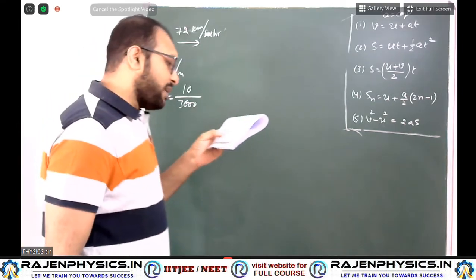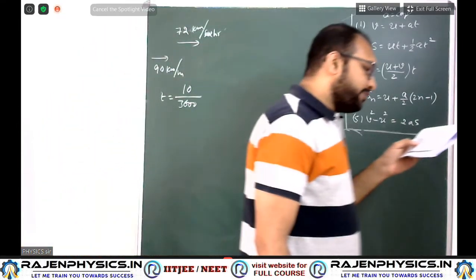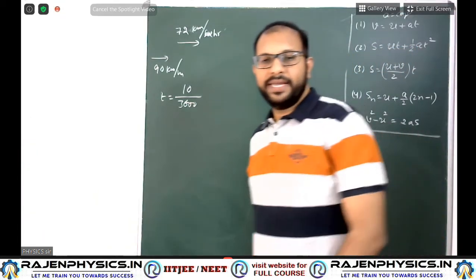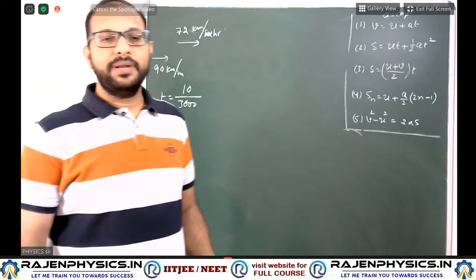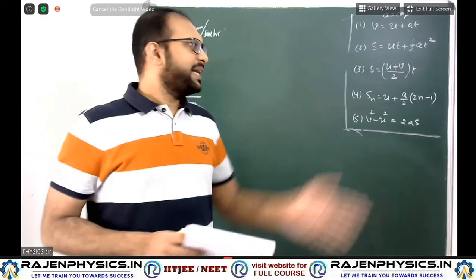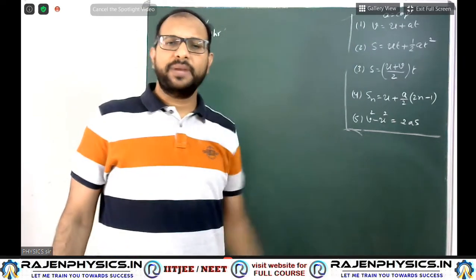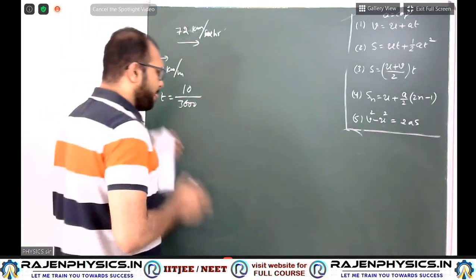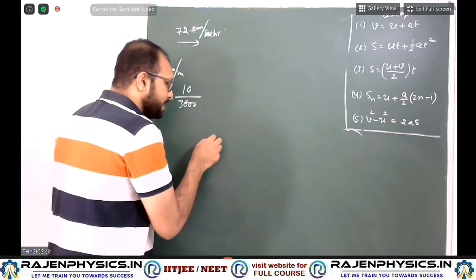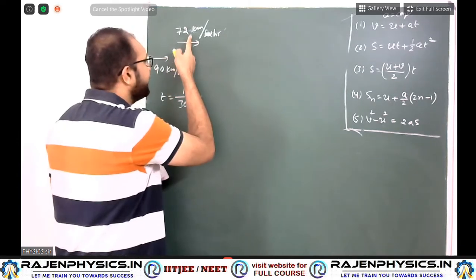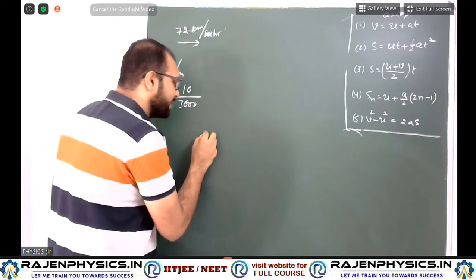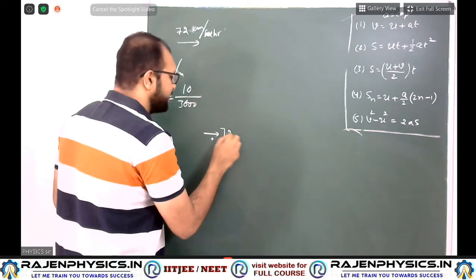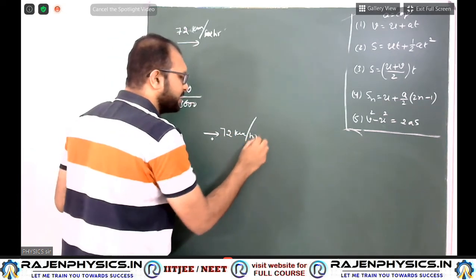Assuming that they travel at constant speeds, how far from the turning will the jeep catch up with the motorbike? Students, this problem is very simple because there is no acceleration at all. It is a constant speed problem. Suppose here is one point which the motorbike has already crossed, moving at 72 km per hour.